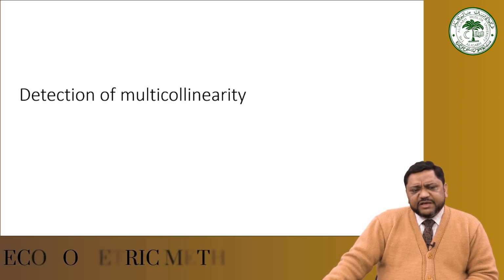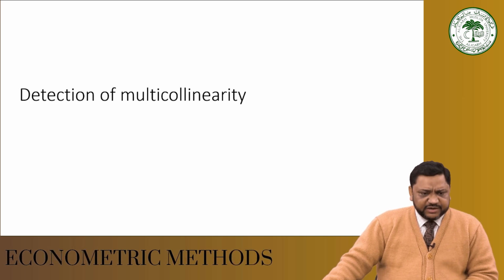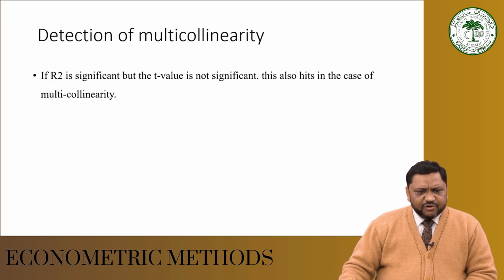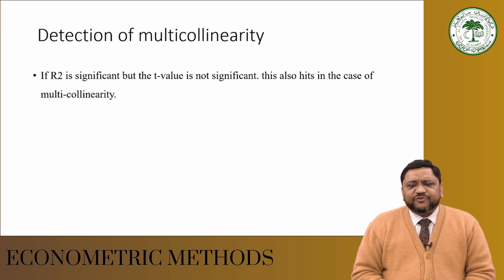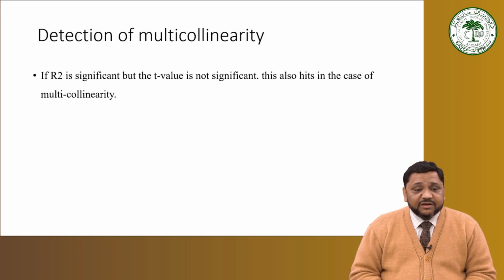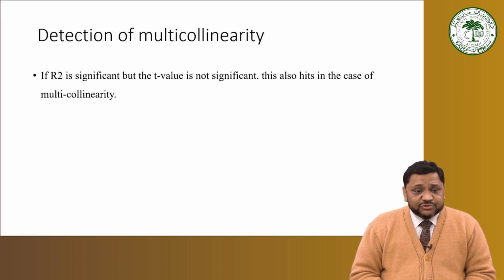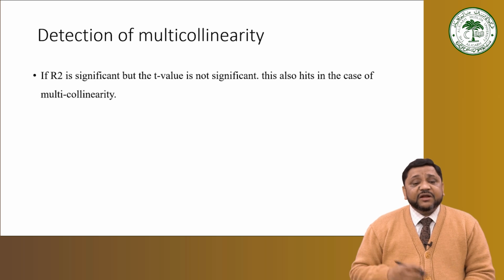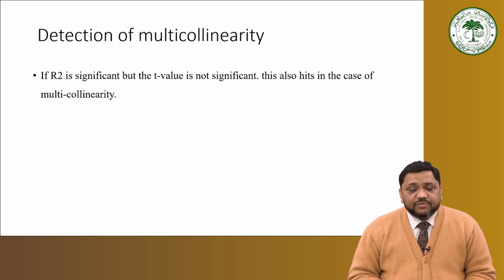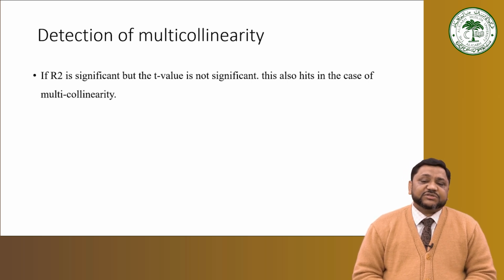Now we move to the next section: okay, there is multicollinearity, then how to detect it. We have discussed before also. R square is high, but the t values, or you can say the coefficients of the individual independent variables, are not significant.